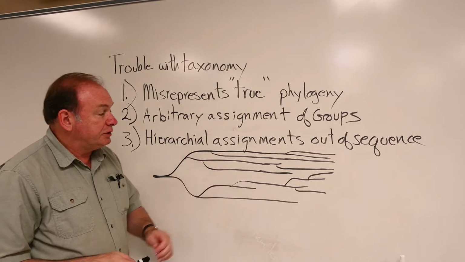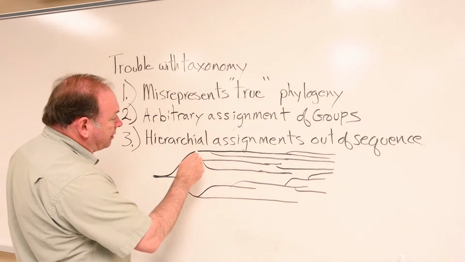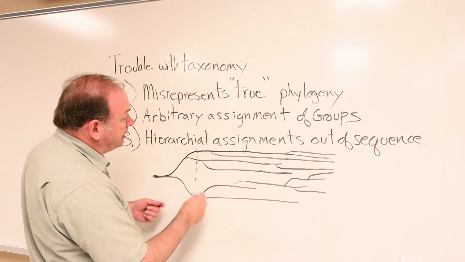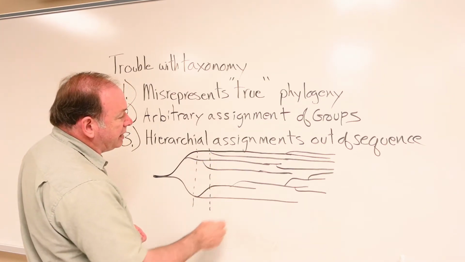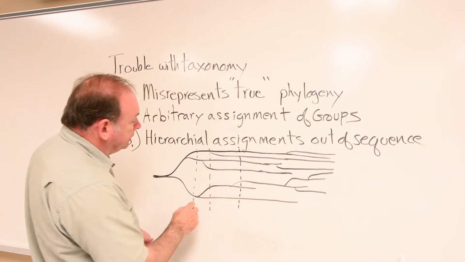So we've got this lineage going on here. Say this over here, these are our phyla here. Class, different classes right here. Say we draw a line for orders right here, so all of these are new orders.